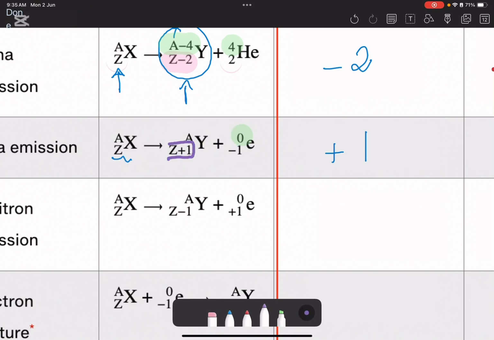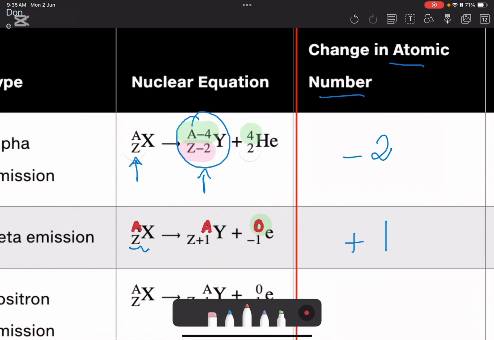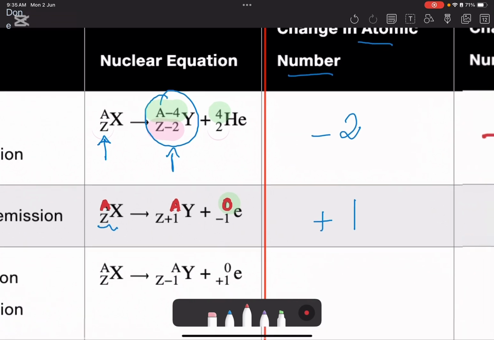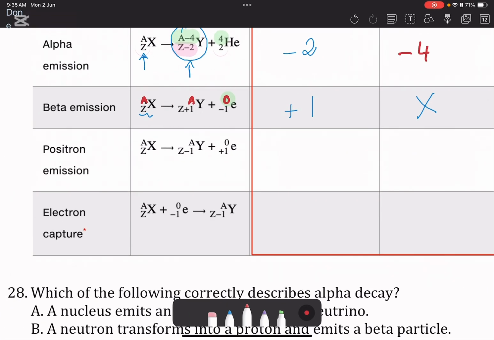Z plus 1 minus 1 is equal to Z, and the mass number must also be conserved. So A plus 0 is equal to A, whereas here A minus 4 plus 4 is still equal to A. We have to balance in order to keep the parent nuclide's mass number and atomic number equal to the mass number and atomic number on the product side.